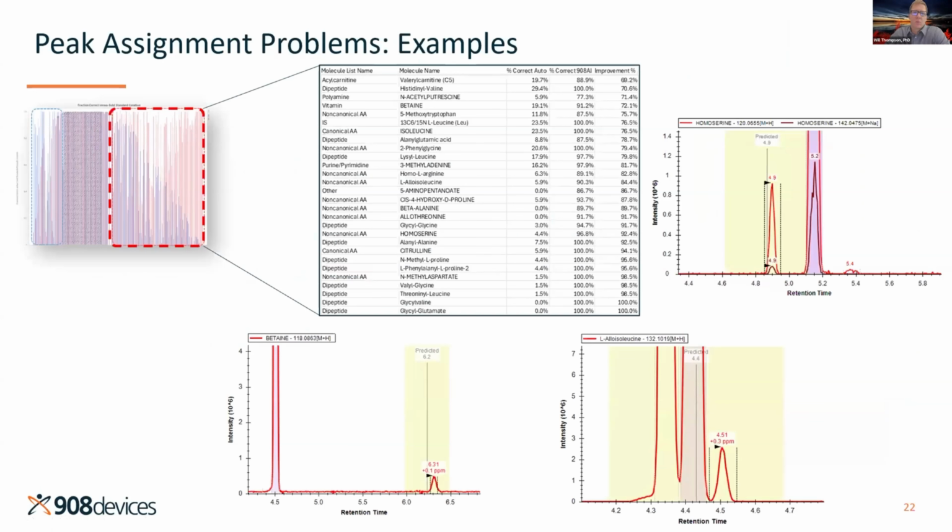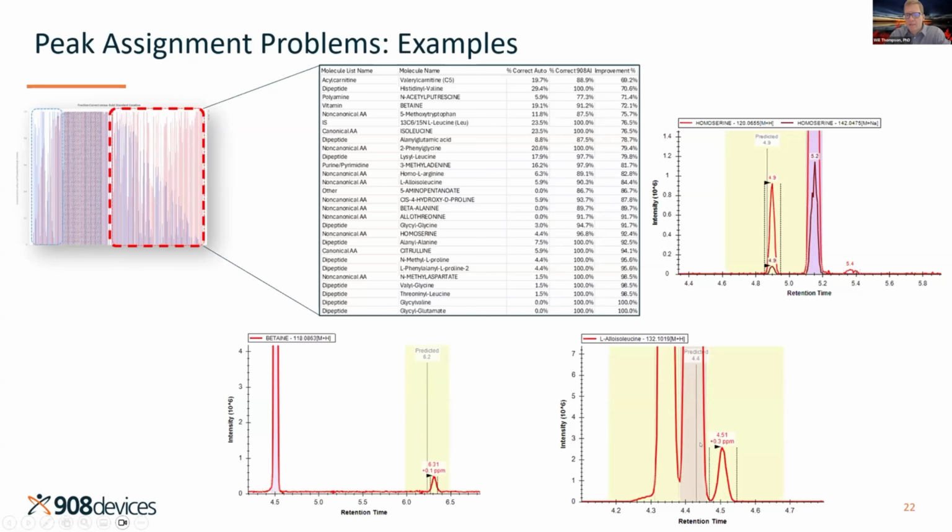So how does this work? Just a few examples here where we show the separation on the left, where betaine has a difficulty oftentimes because it's so much lower than the amino acid that shares its mass, and so we can correctly assign it. On the top right, homoserine, allothreonine, and threonine all share mass, and so we can make sure we assign homoserine correctly.